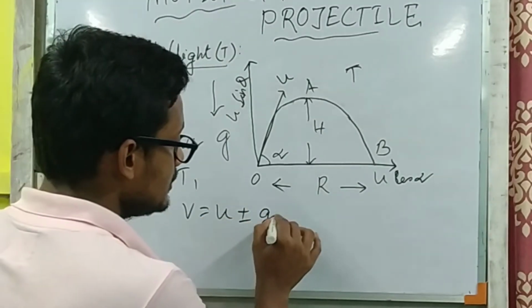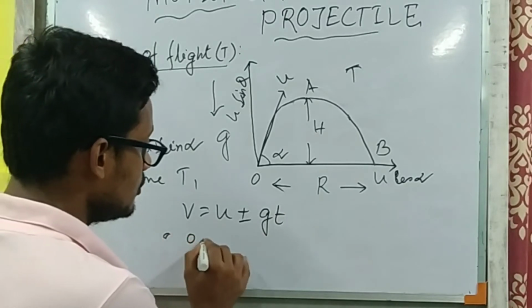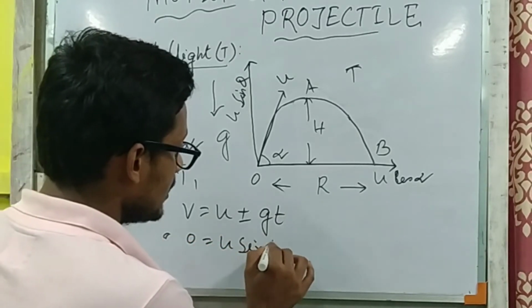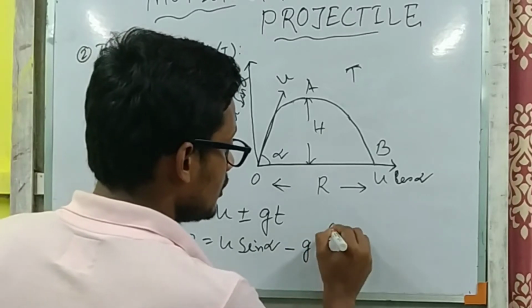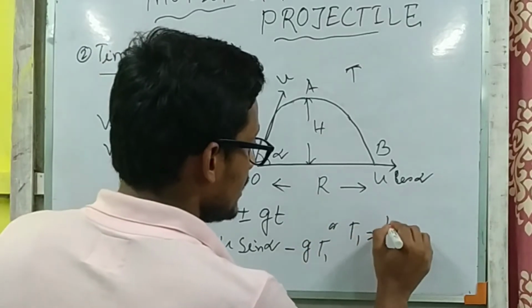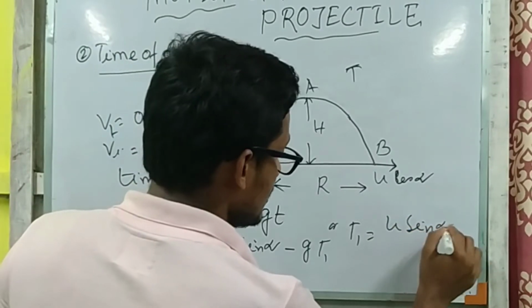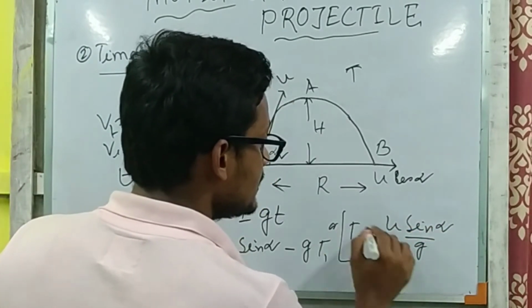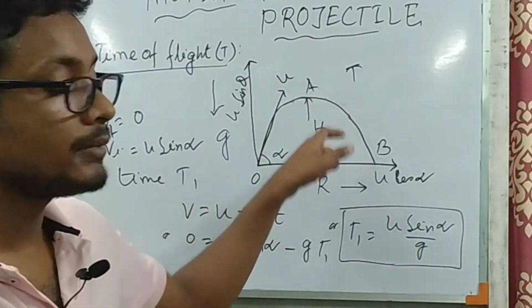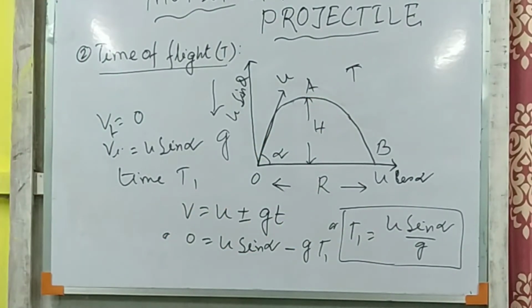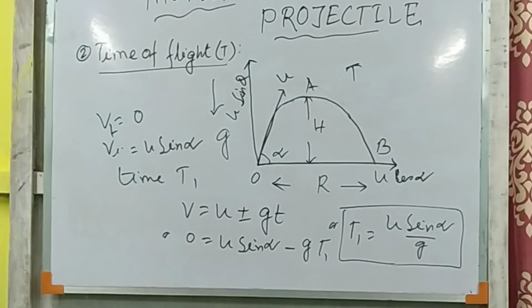Using the formula V is equal to u plus or minus gt, we get 0 is equal to u sin alpha minus g into T1. Calculating, we have T1 equal to u sin alpha by g. This is the expression for the time to reach the maximum point.